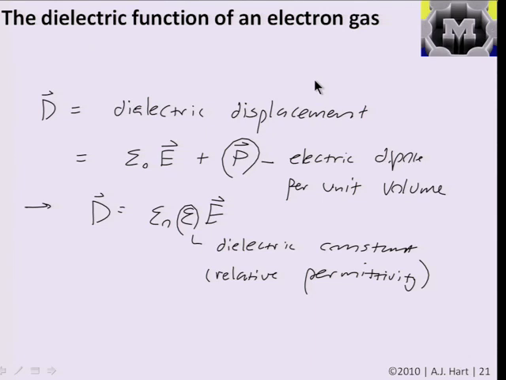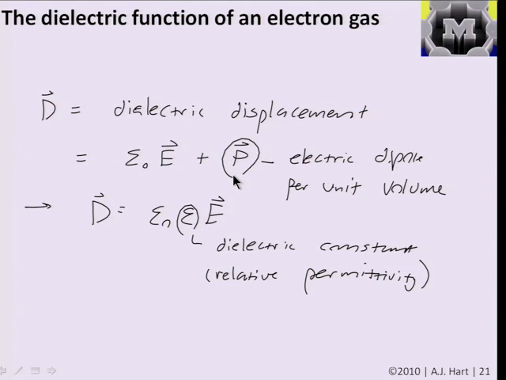So the electrons will bounce around and collide off each other, and that will effectively limit the speed with which they can respond. And in Maxwell's equations, instead of the electric field, typically you'll see this quantity D, the dielectric displacement, which is related to the electric field, plus a constant, the polarizability per unit volume, which basically gives you the dipole moment per unit volume.